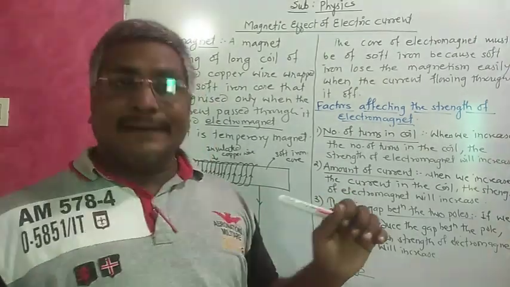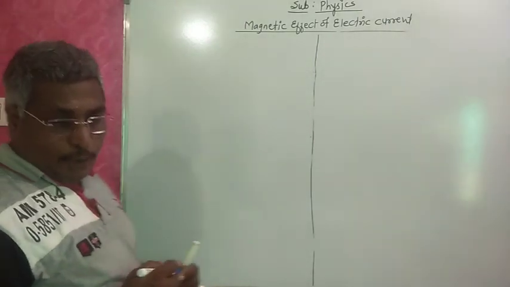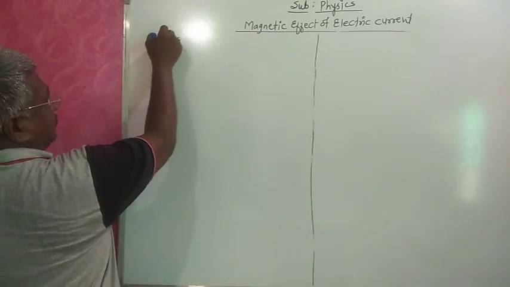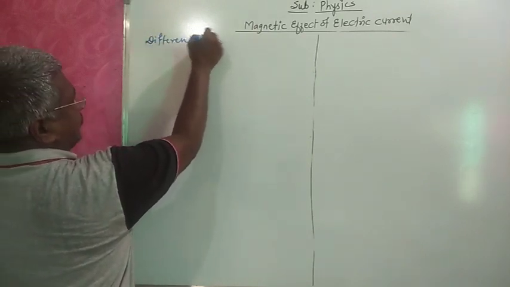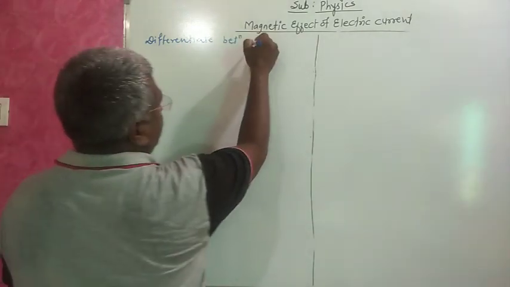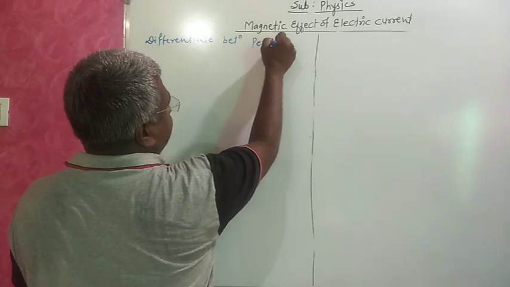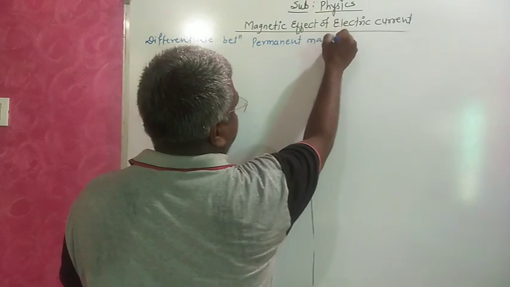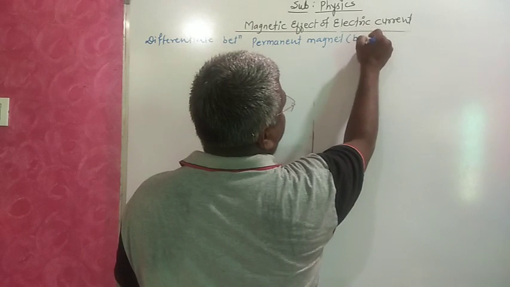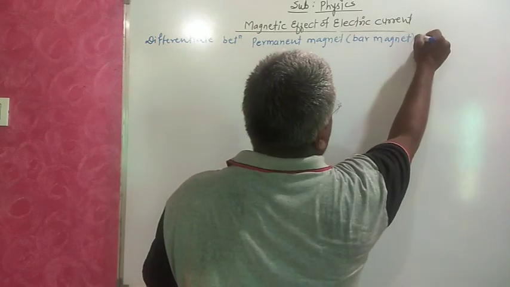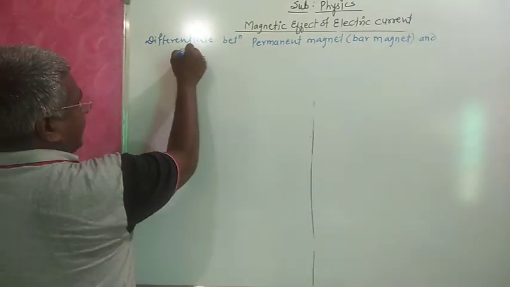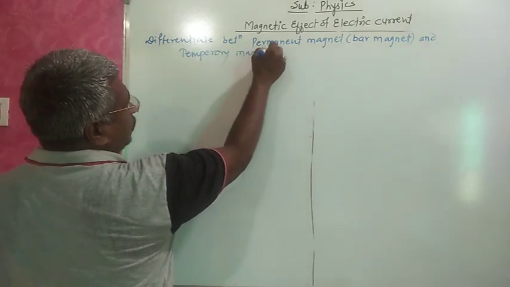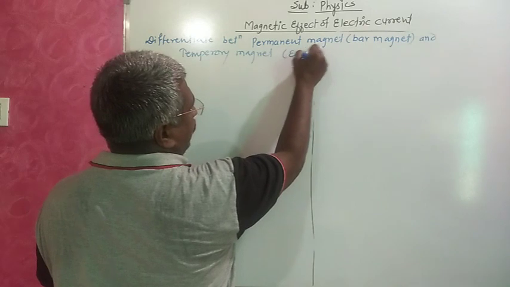Now we will go to the next topic. The next topic is differentiate between permanent magnet, which we call a bar magnet, and temporary magnet, which we call an electromagnet.